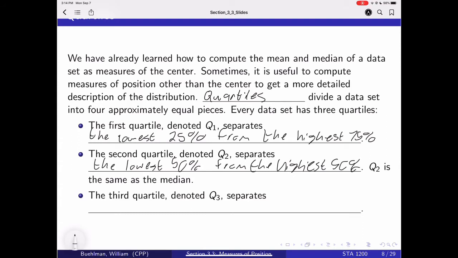Q2 is also the same as the median. Finally, the third quartile, denoted Q3, separates the lowest 75% from the highest 25%.